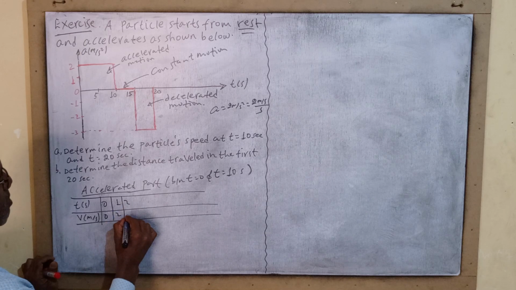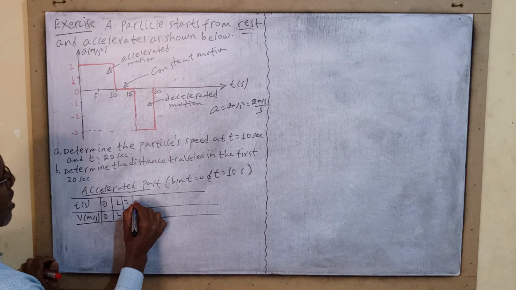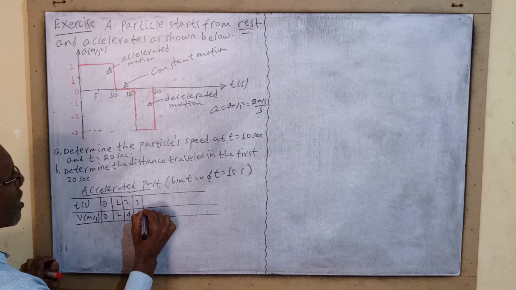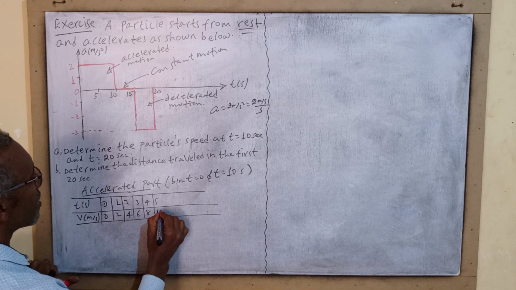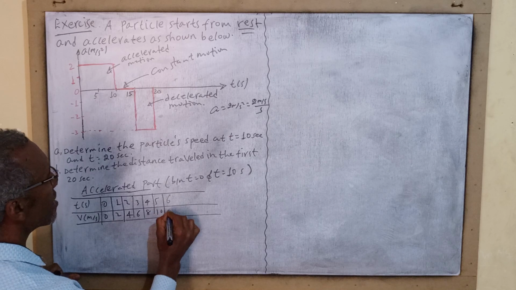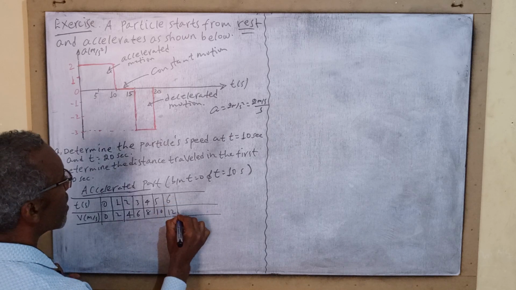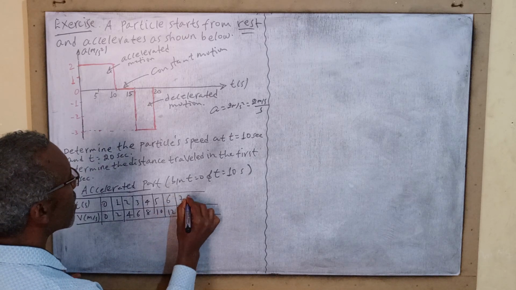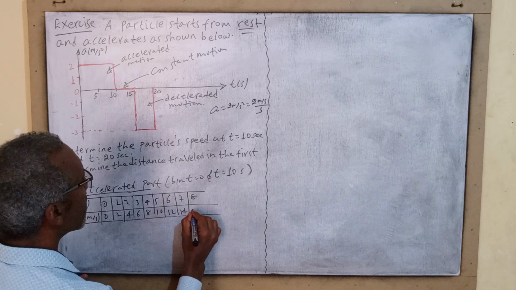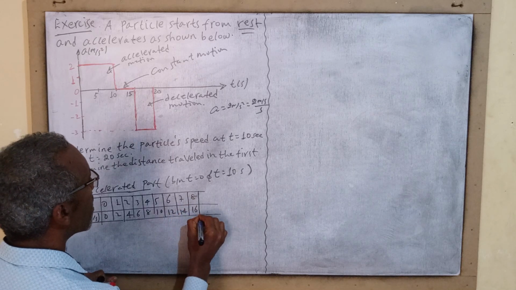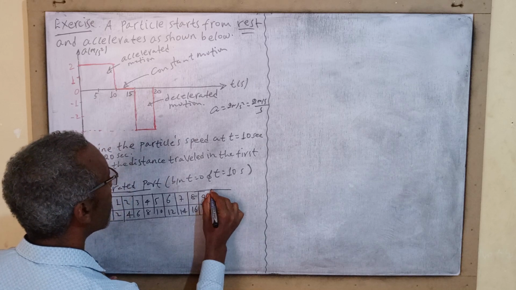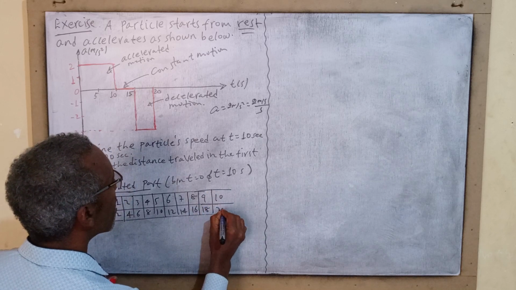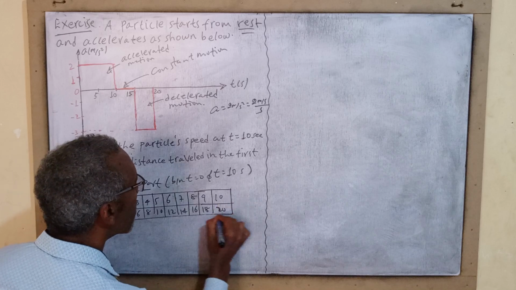When t is equal to 2 seconds, the particle's velocity is 4; at 3, 6; at 4, 8; at 5, 10; at 6, 12; at 7, 14; at 8, 16; at 9, 18; and at 10, 20.